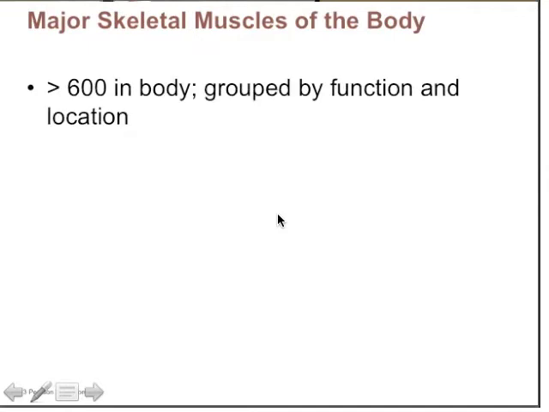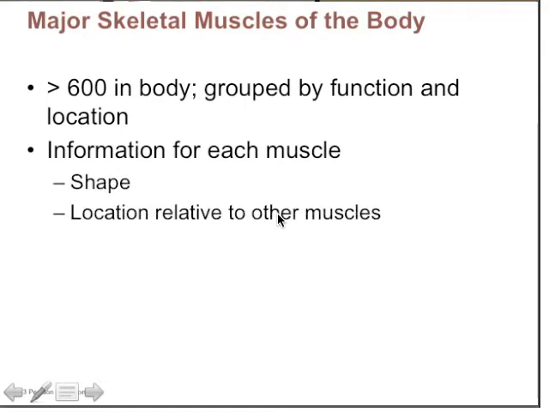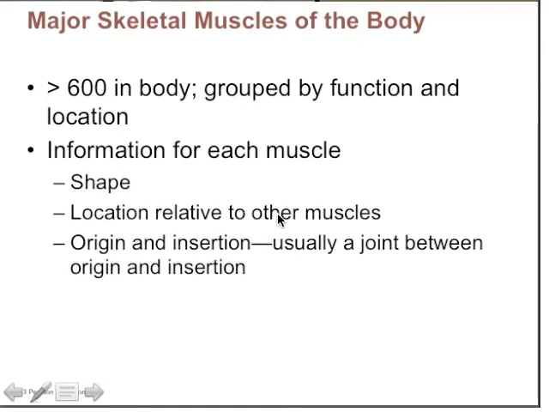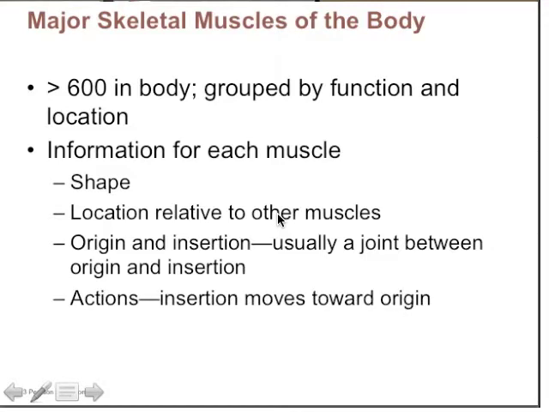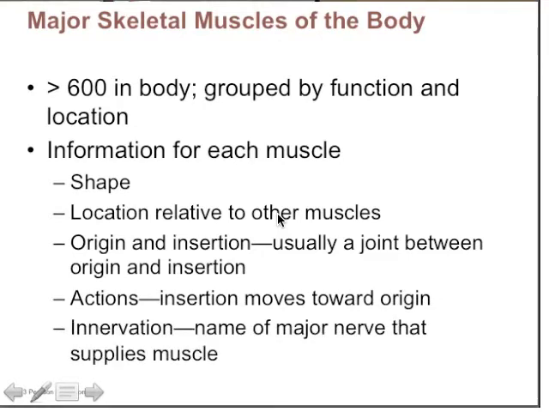There's over 600 muscles in the body, but we're only going to learn a fraction of those muscles, but we'll learn the most important ones. They're grouped by their function and by their location. The information for each of these muscles is going to include their shape, their location relative to other muscles, their origin and insertion, which is usually a joint between the origin and insertion that is moved as a result of the muscle contracting, and this generates its action, where the insertion moves towards the origin.